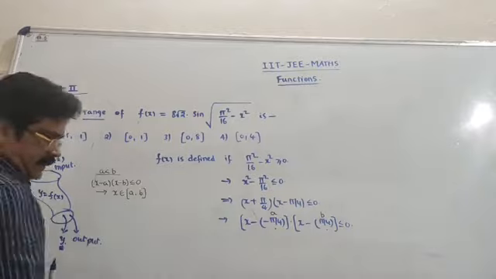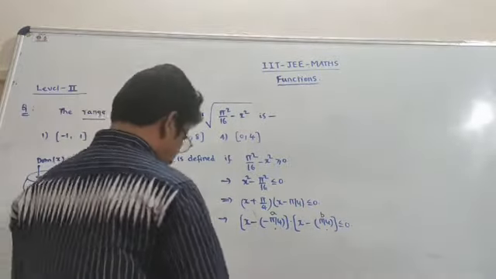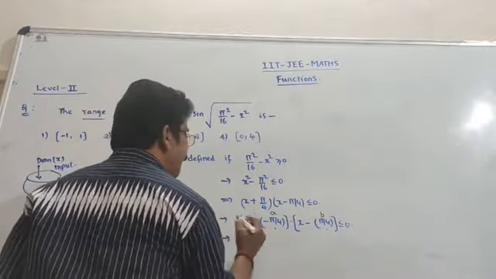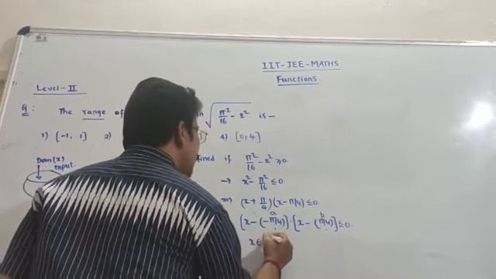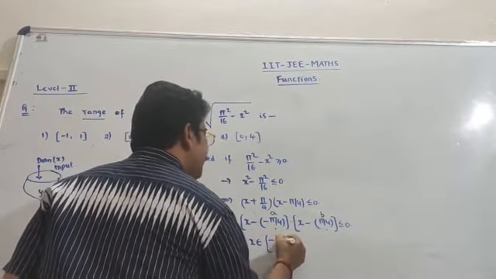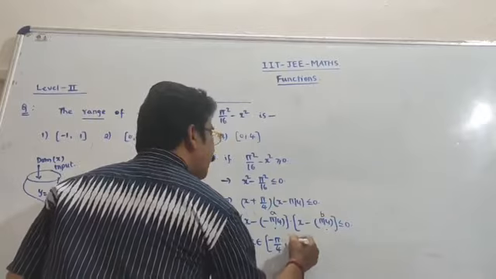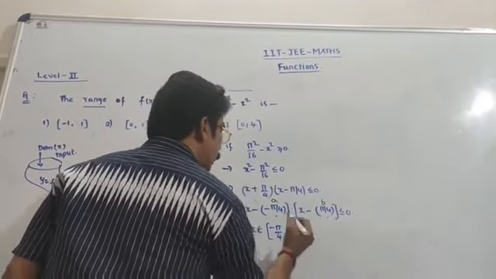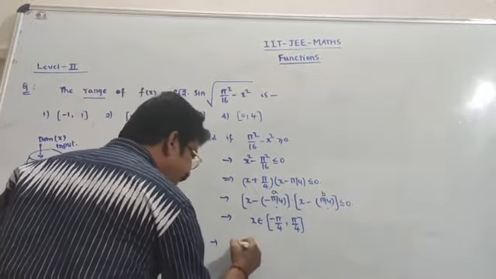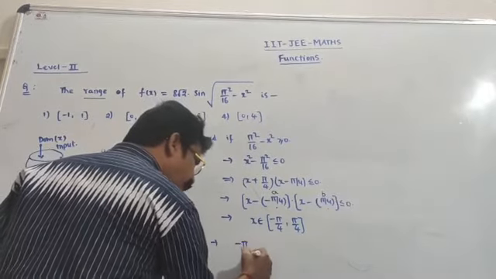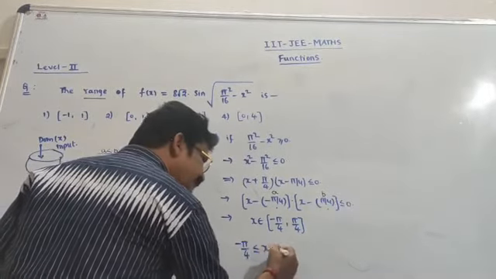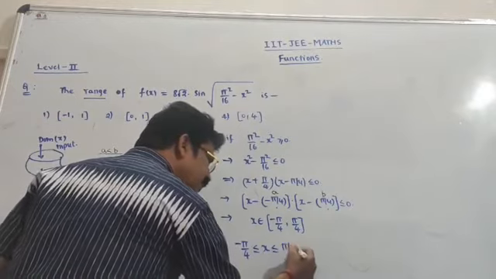So x belongs to closed interval of minus pi by 4 comma plus pi by 4. In other words, minus pi by 4 less than or equal to x less than or equal to plus pi by 4.